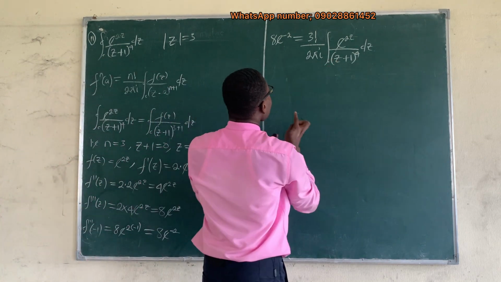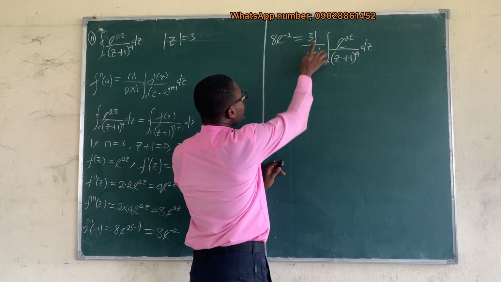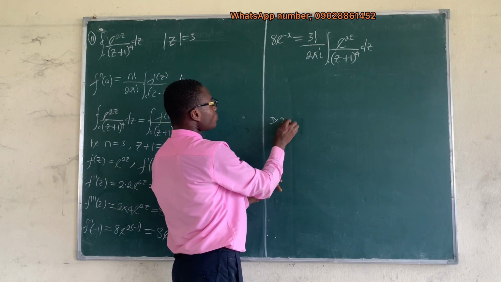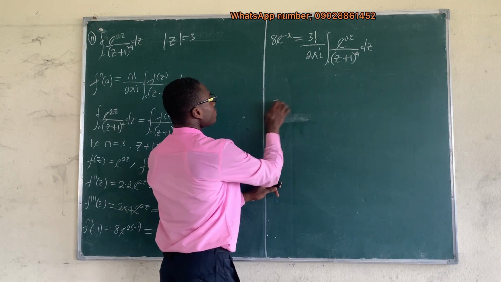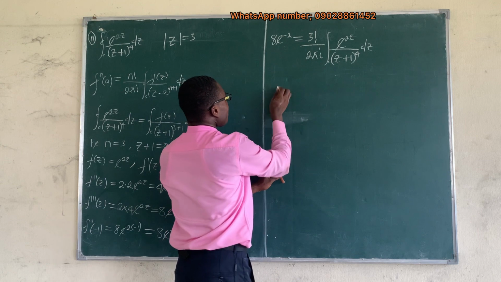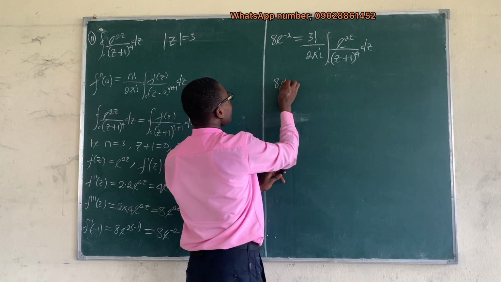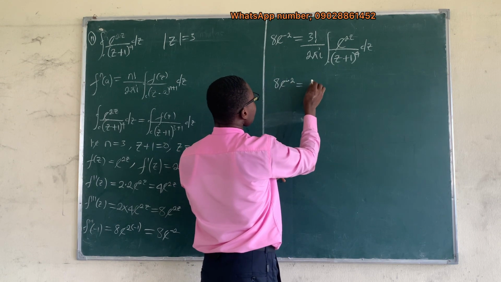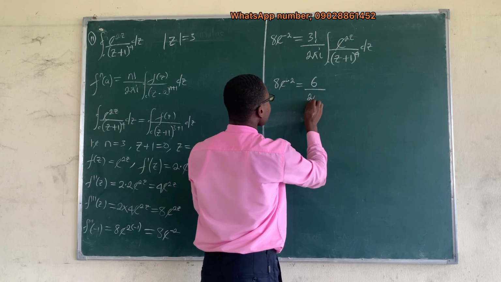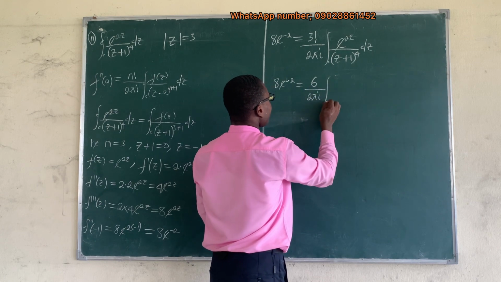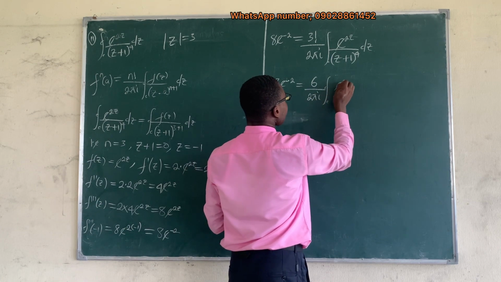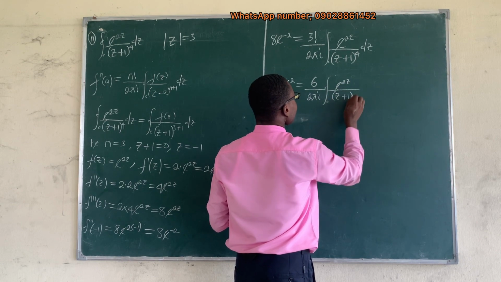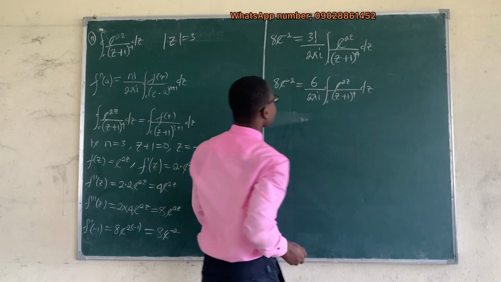But first of all, what is 3 factorial? 3 factorial is 3 times 2 times 1, which is equal to 6. So 3 factorial is 6. So this means that we are going to have 8 exponential minus 2 equal to 6 over 2 pi I, the integral of exponential 2z over z plus 1 to the power of 4 dz.